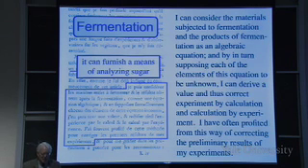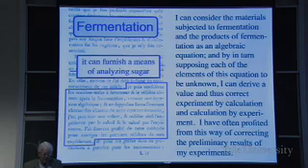He said, I could consider the materials subjected to fermentation and the products of fermentation as an algebraic equation having to do with weights. And can you see what his assumption is going to be here? Sam? The same weights on both sides. Conservation of mass is his assumption.